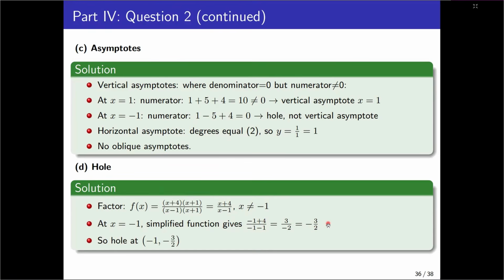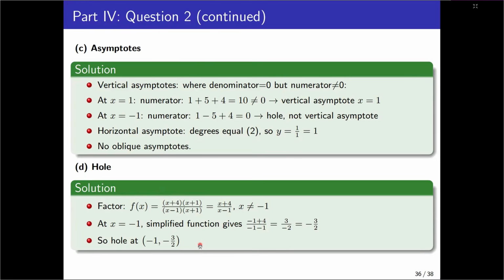Therefore, the point minus 1, minus 3 over 2 will be the hole for the given rational function. That means the given rational function will have a hole at this point, at minus 1, negative 3 over 2.